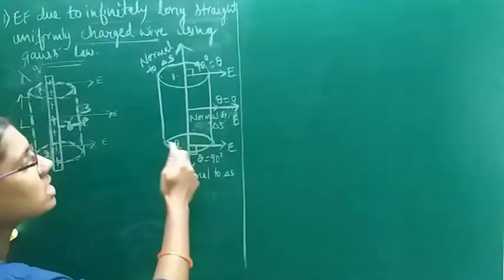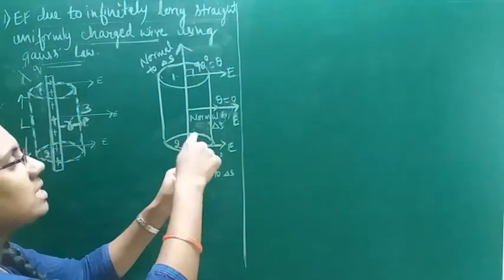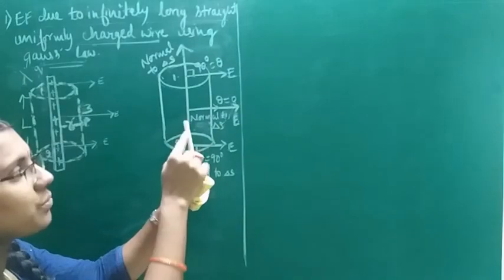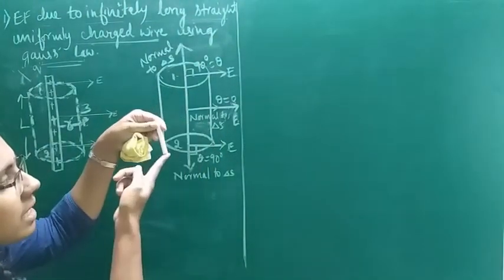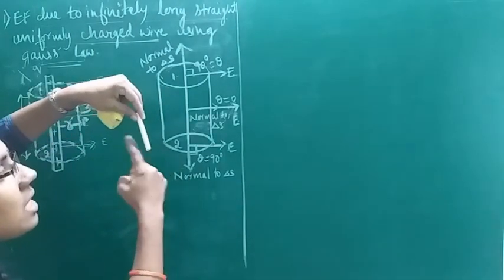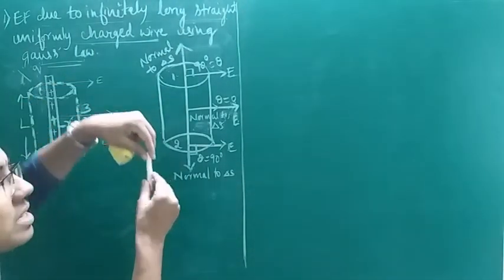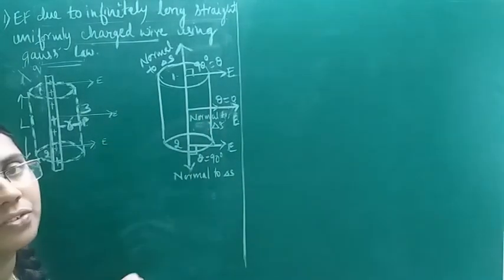Here, this Gaussian surface consists of three surfaces. The cylindrical Gaussian surface will be like this. One is the circular end, the second is also a circular end, and the third is the curved surface. So, two circular surfaces and one curved surface.